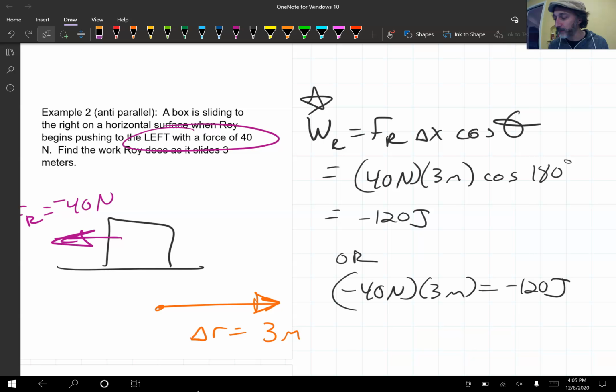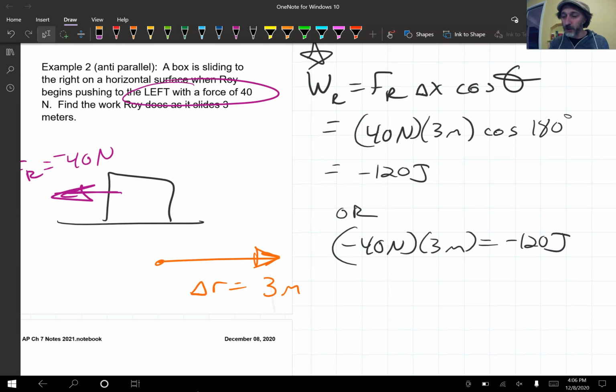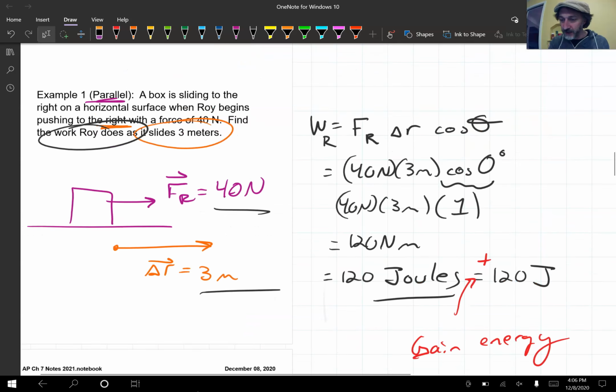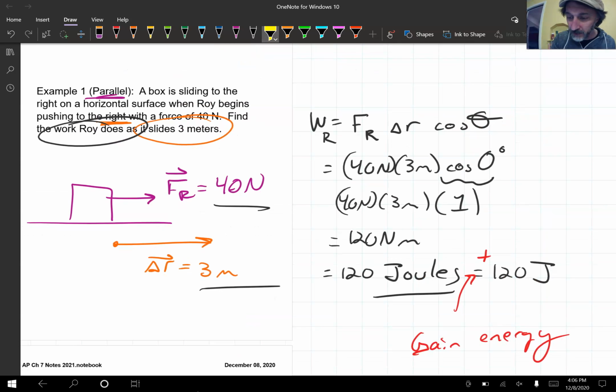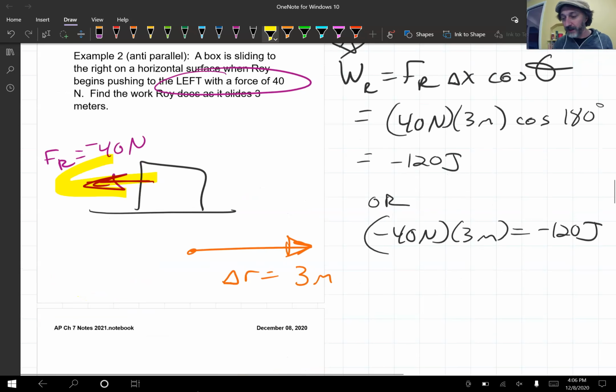Here we've got negative, so we're losing energy. I'm going to back off on stressing that, so Marie will confuse it later on. All right. So here, notice our force was working with our displacement, so that was positive work. Here, our force was working against our displacement, so that's negative work.